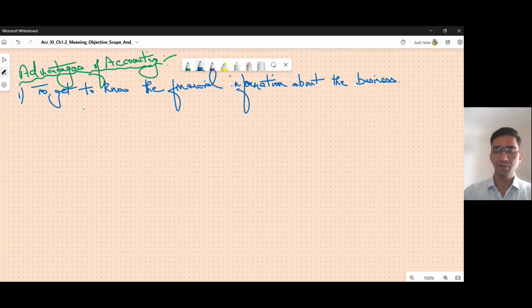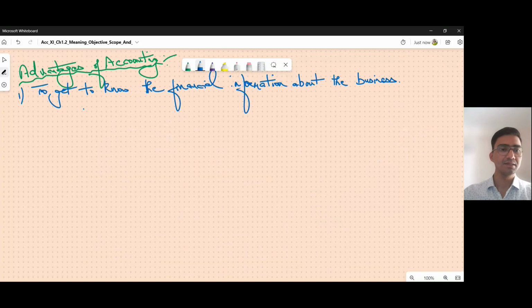So any business, all that it is dealing with in terms of finance, in terms of money, this information is communicated through accounting. So this is an advantage. If anyone wants to know how much money this business is earning, how much was the loss in the past year, everything will be known through accounting information, through the financial information that accounting provides.